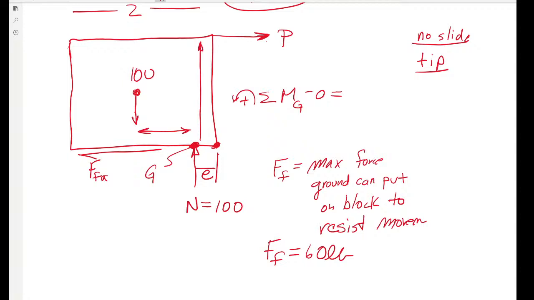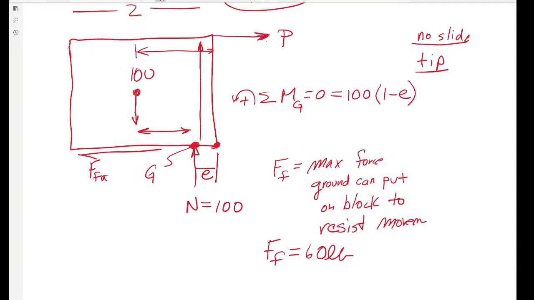So in this case, I'm going to have 100 times, guess what? This distance from here to here is 1. So 1 minus e. That's going to be the moment produced by this force right here.